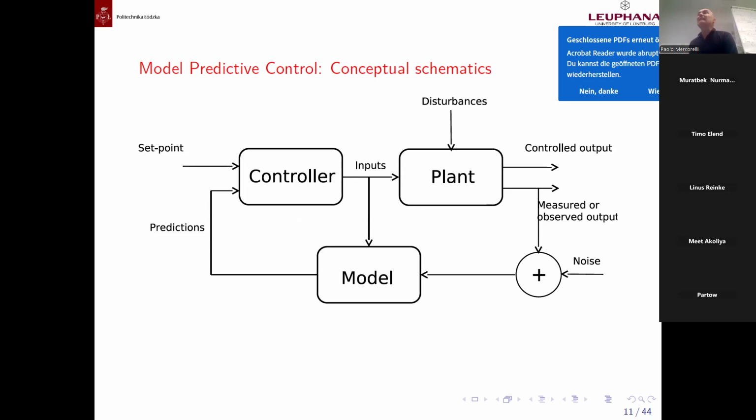Using the model and the discrete model, we can predict what happens in the future. The controller consists of a setup and set point. This means the goal or my trajectory, which should be tracked. I will compare my trajectory, which should be tracked, with the prediction. And then the controller basically consists of this optimization method.